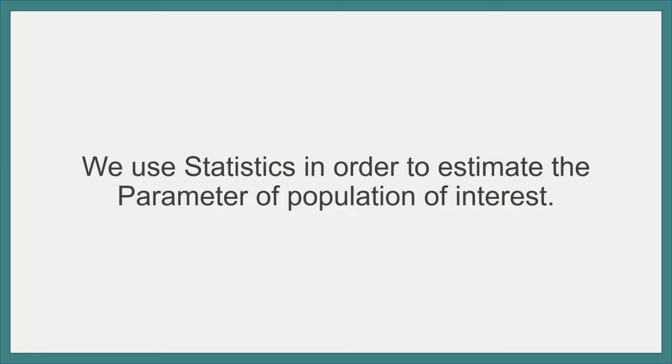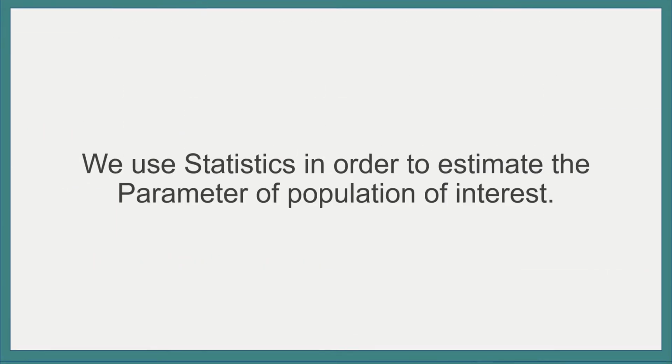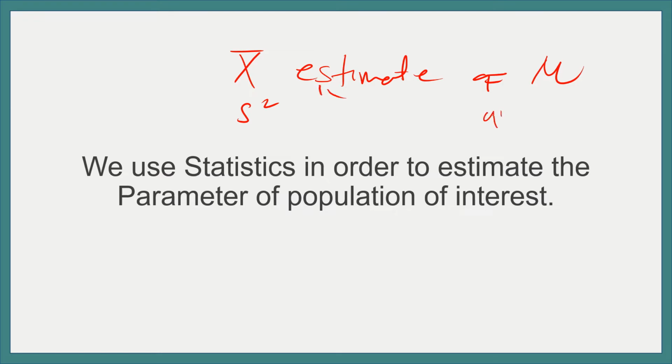Therefore, the sample mean is the estimate of the population mean. Sample variance is the estimate of population variance.